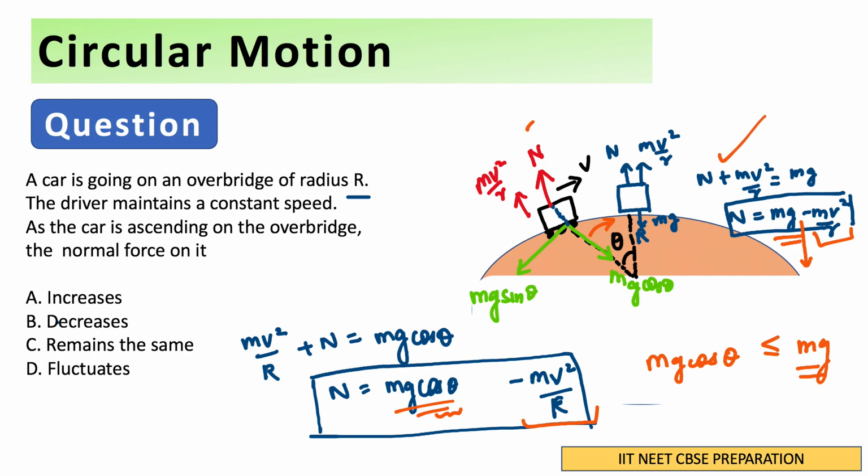So when it is moving from here to here, the normal reaction is increasing. Why? Because mg is increasing. Why? Because theta is decreasing, so cos theta is increasing. That is how we'll solve this question. So the answer to this question is going to be A, or it will increase. So thank you for watching.